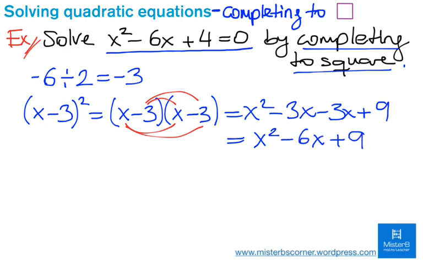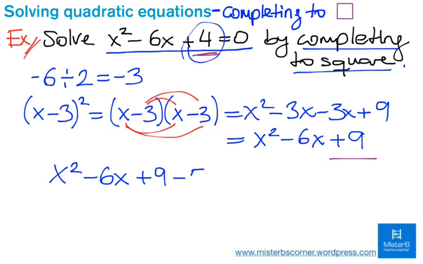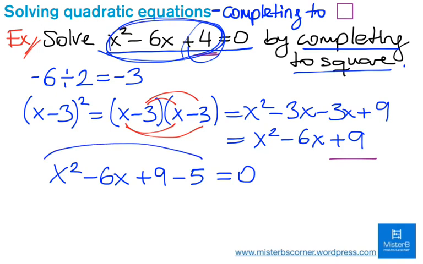Now, instead of 9, I have a 4 here. So I start with x squared minus 6x plus 9. To get 4, I have to take away 5, right? So basically, this is x squared minus 6x plus 4 written in this form.